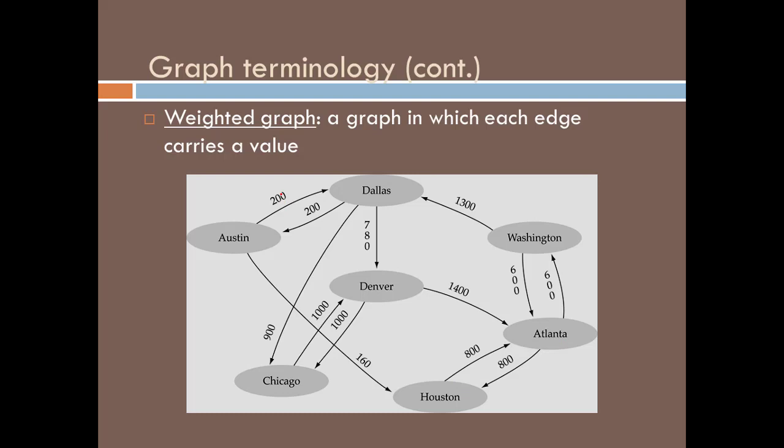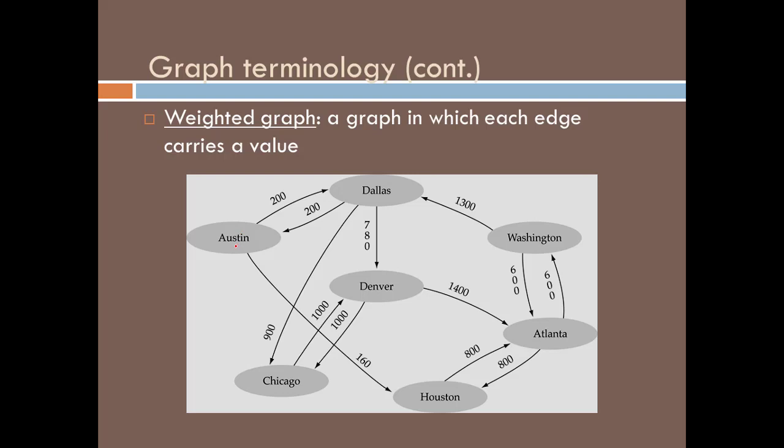Let's suppose that this represents the distance from one destination to another. For example, Austin to Dallas is 200, say, kilometers. Similarly, from Dallas to Austin is again 200 kilometers. The road is two-way, a double road from Austin to Dallas and from Dallas to Austin.